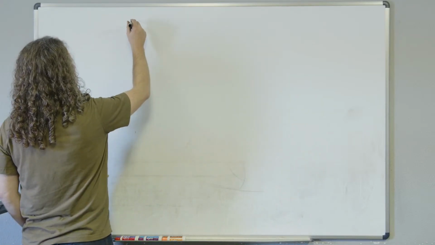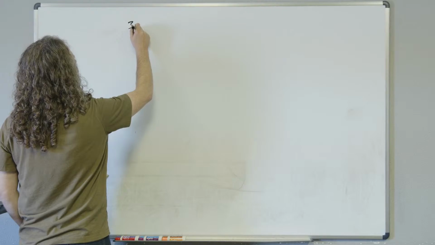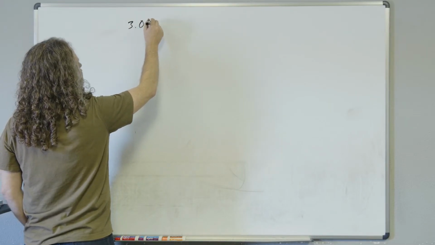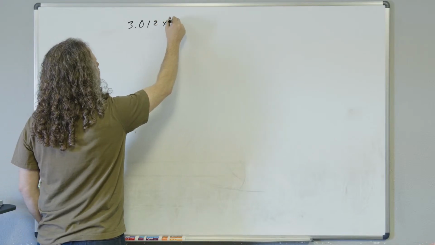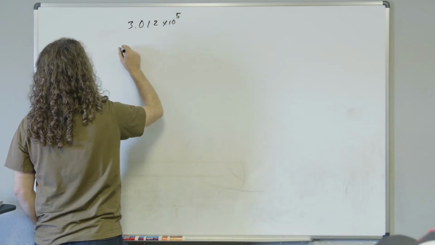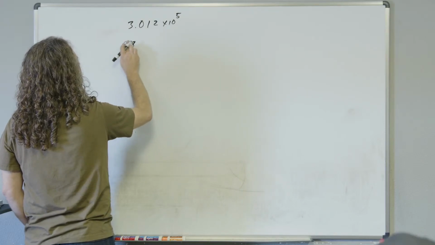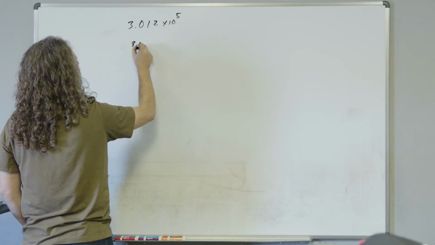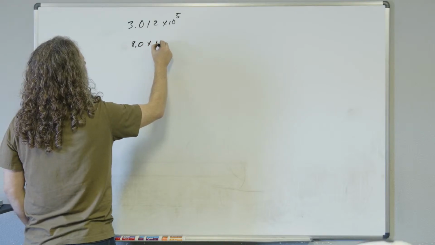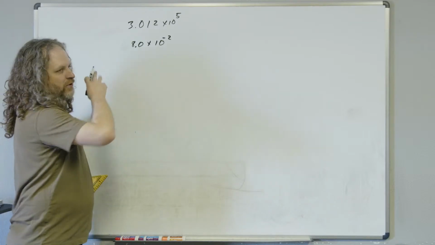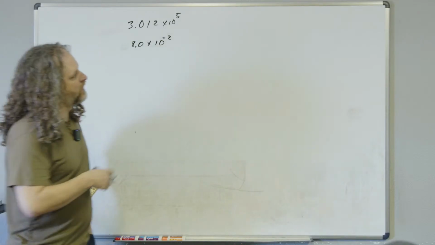Correct scientific notation looks like this. Whatever, we're just making up some numbers. Or this. Actually, that's not right. Or something like that. These are both correct scientific notation. They're beautiful. They're great.